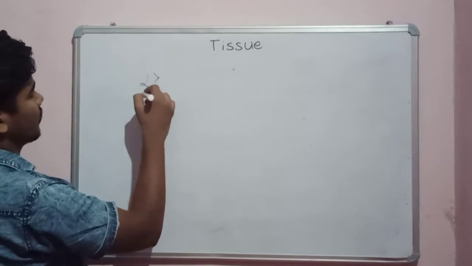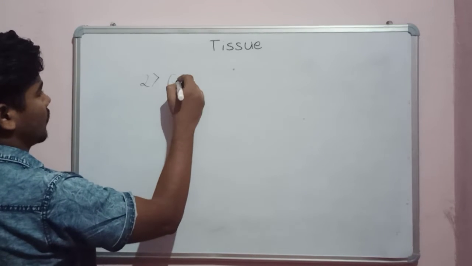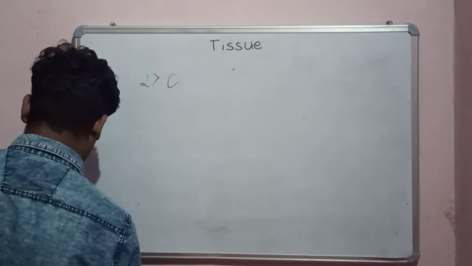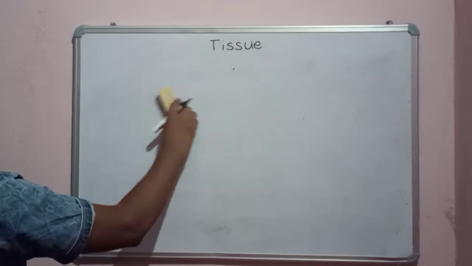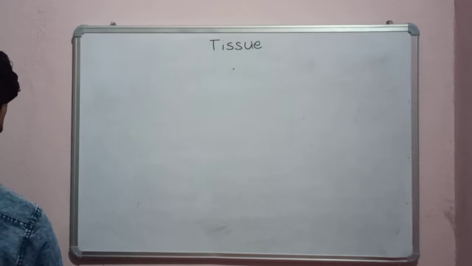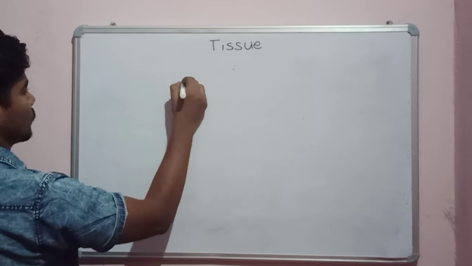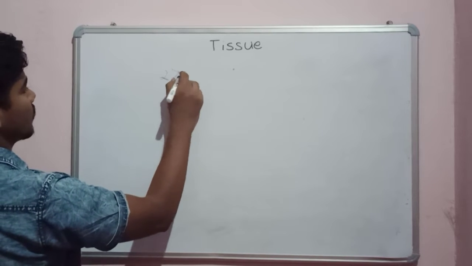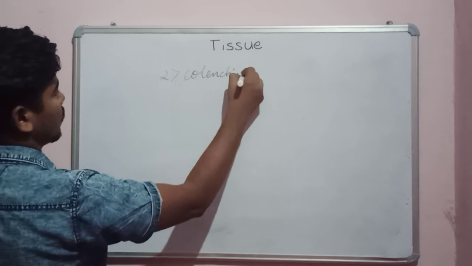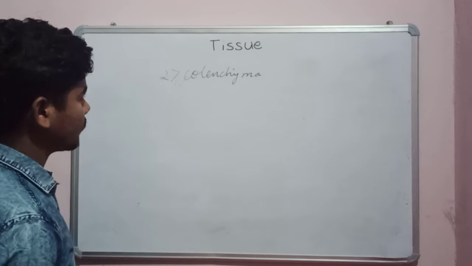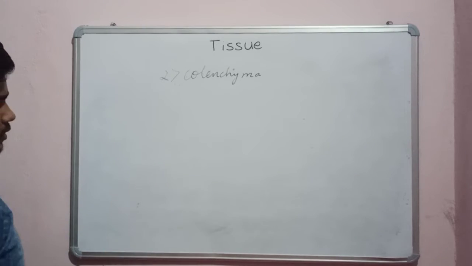Second one is collenchyma. Now let's draw a diagram.